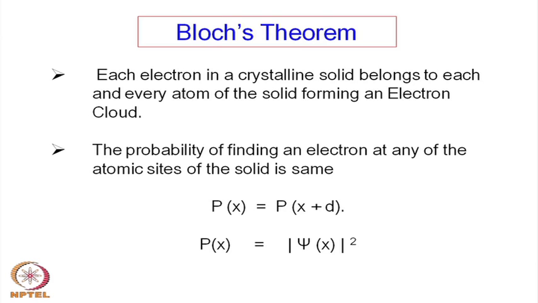That means the electrons are not specific to any particular lattice site, although there is some kind of probability function, because we have a periodicity and near the lattice sites the potential is less. So, the probability is more, but it is not static at any particular point.